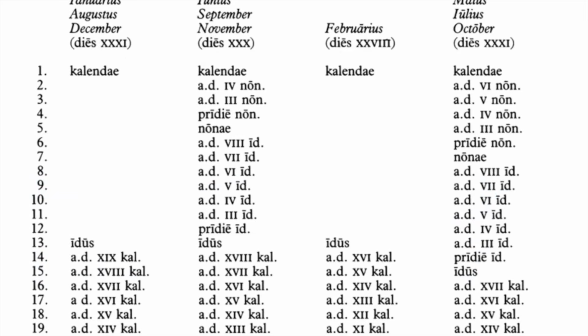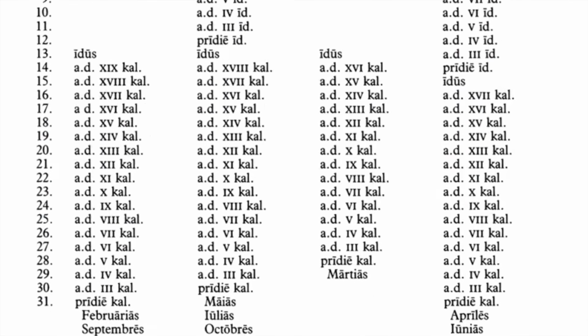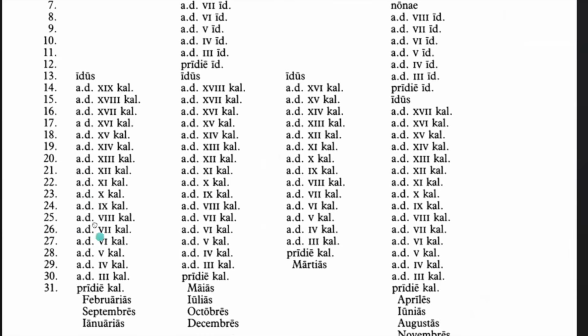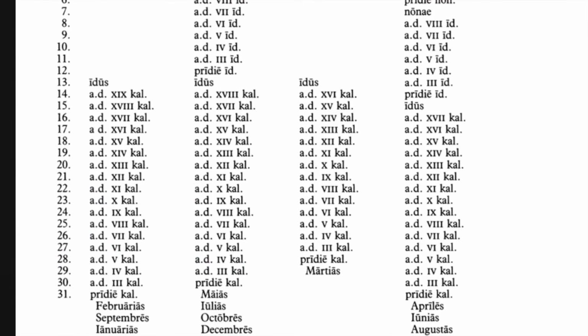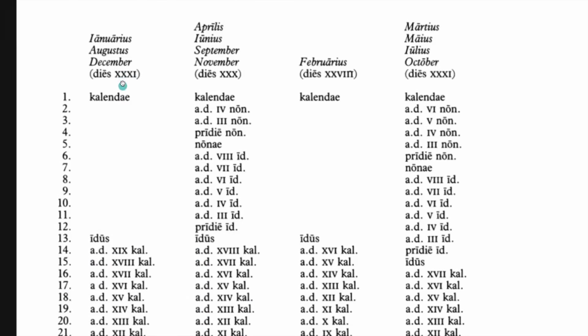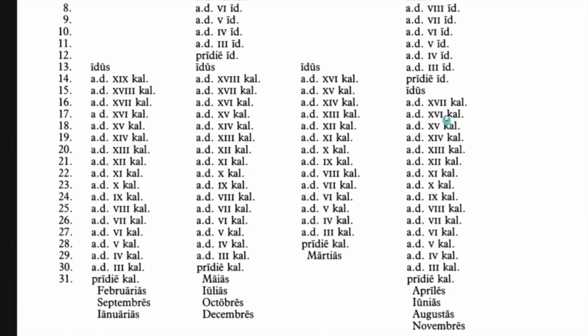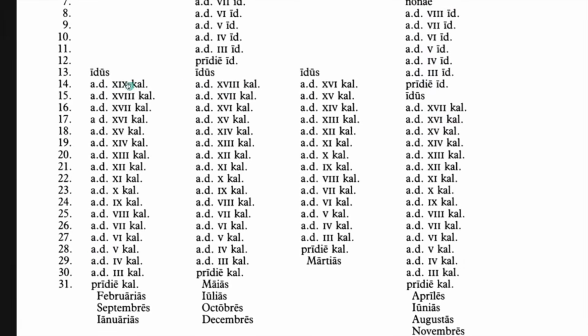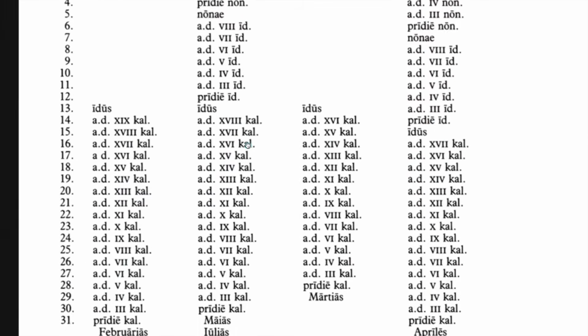It's a freaking mess. And it gets even worse with the days after the idus, because now you have as a reference the calendae. And the number of days before the next calendae are going to change according to the length of the month. A longer month that has 31 days, like this block and this block, is going to start numbering the calendae with more days than these other months that have a shorter length. Let me explain that.